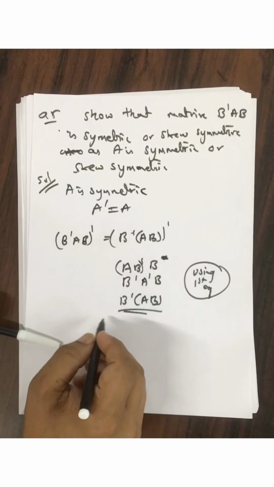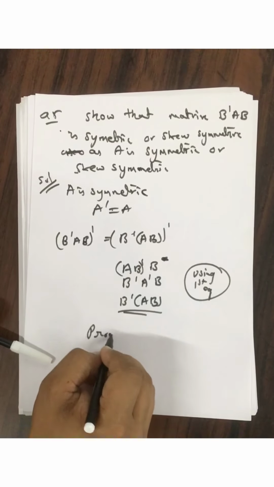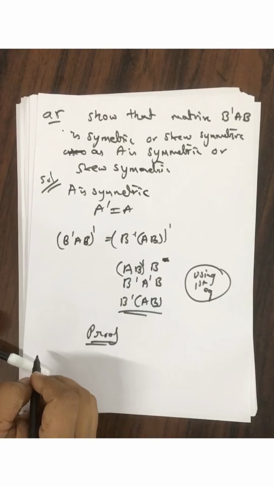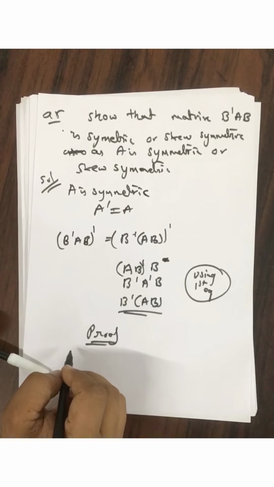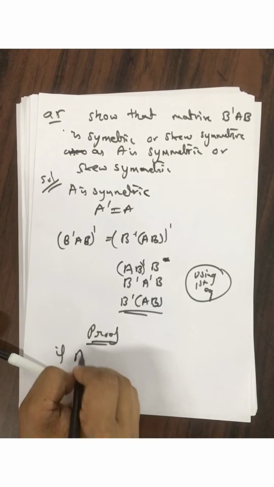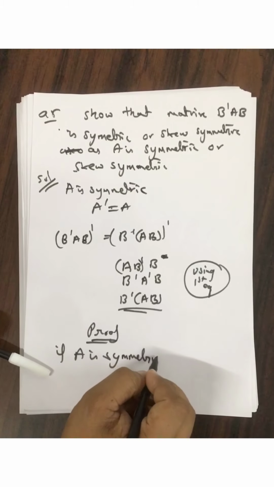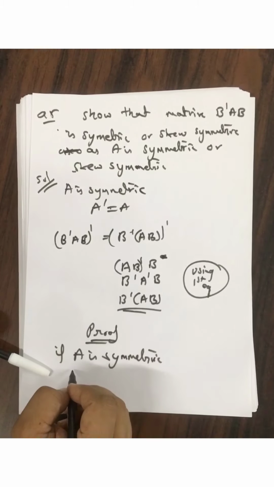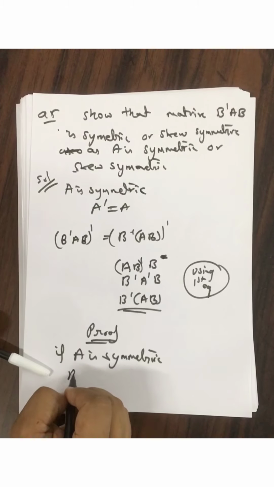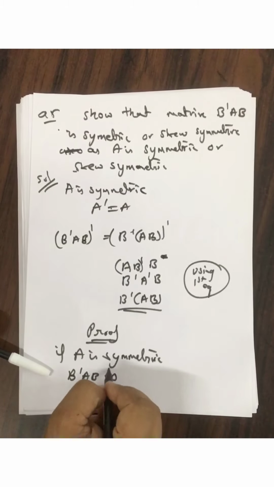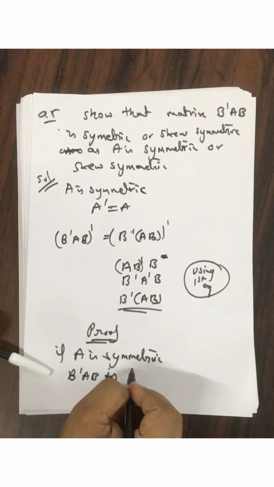That's it. Proof. What to prove? This is symmetric. So if A is symmetric, then B dash AB is also symmetric.